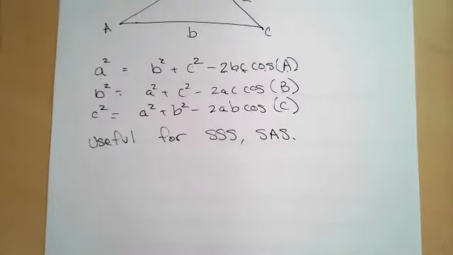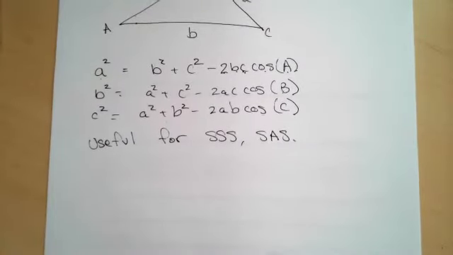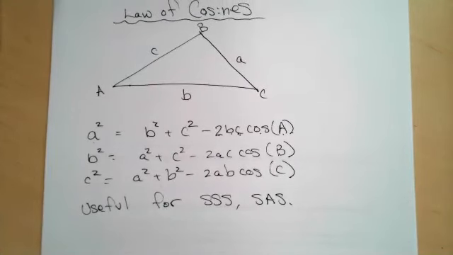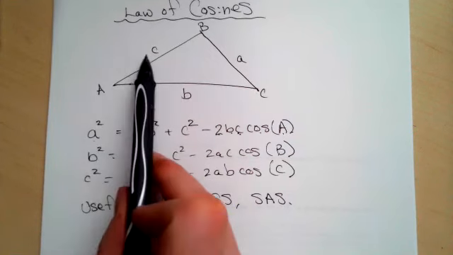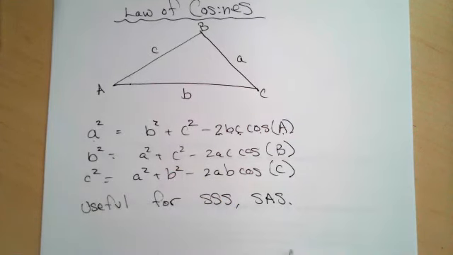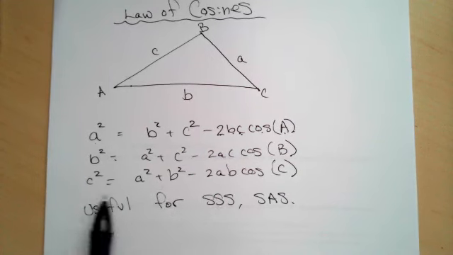If you're given two angles, you basically have to use law of sines. But anytime you're given two sides, as long as the angle is included in between the two sides, so if I'm given side B, angle A, and side C, we can use law of cosines. Or if I'm given three sides, we can use the law of cosines to solve for the rest of it. Any questions?